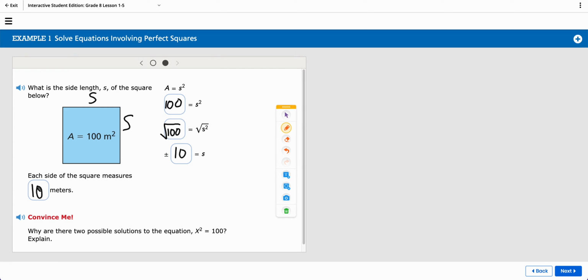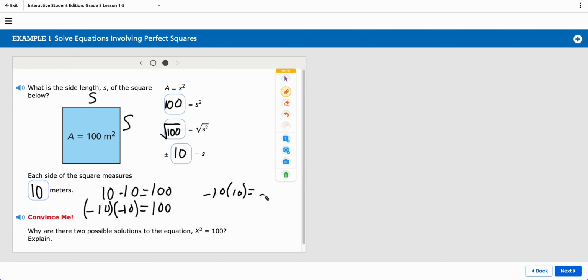If we do positive 10 times positive 10, we get 100. If we do negative 10 times negative 10, we get positive 100. But what if you did negative 10 times positive 10? That would be a negative 100. Negative times a positive is negative.